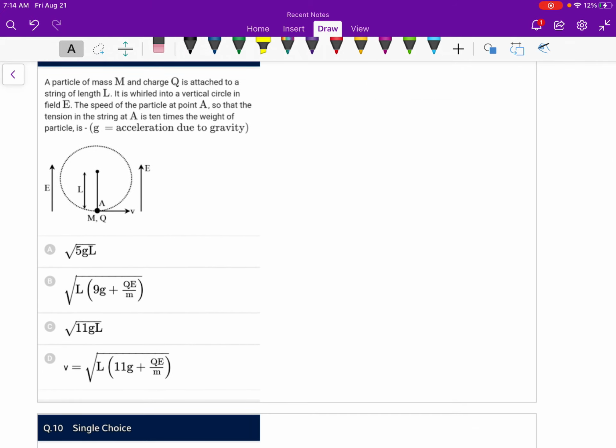The speed of the particle at point A, so the tension in the string is 10 times the weight. From the free body diagram, tension is acting in upward direction, QE is acting in upward direction, mg is in downward direction.